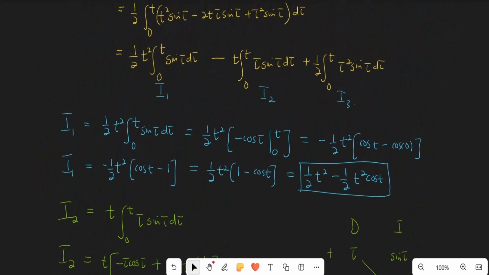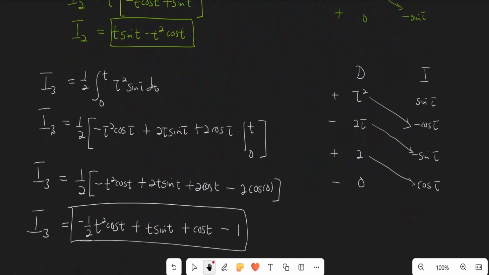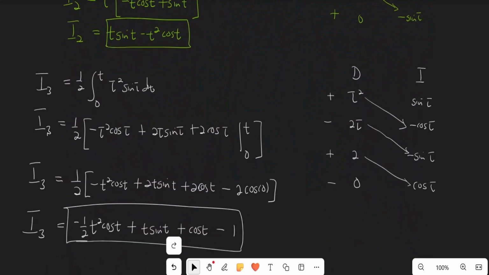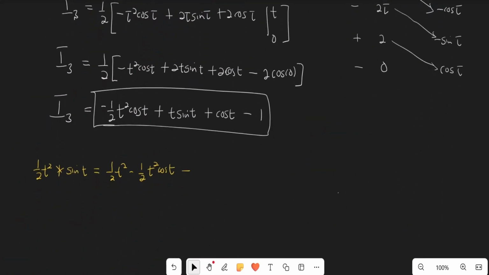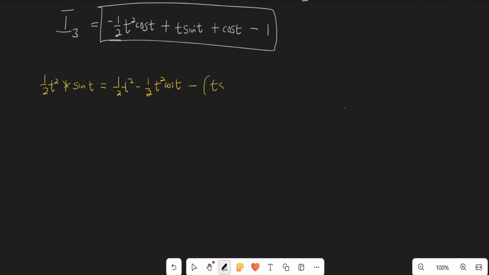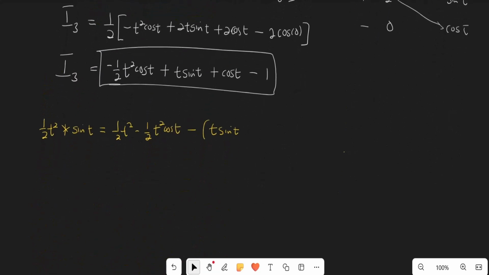Next one is going to be minus I2. I2 is t sine of t minus t squared cosine of t. This is what we have.